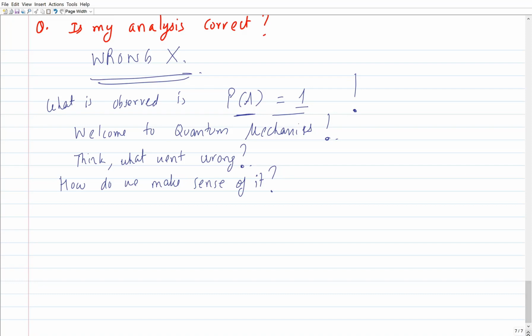Well, the answer lies in probability amplitudes. Let's assume we have all the information about the system as we've discussed. The experimentalist is supplied with all the information about the system.